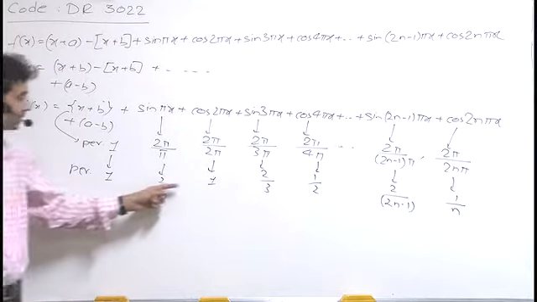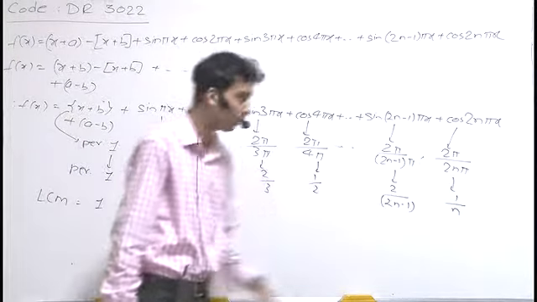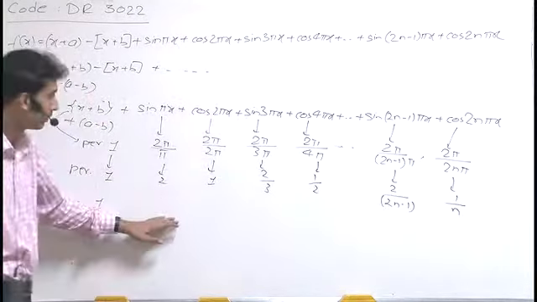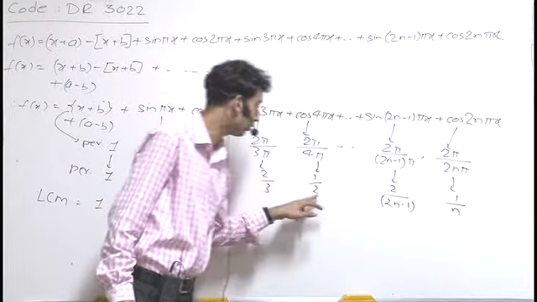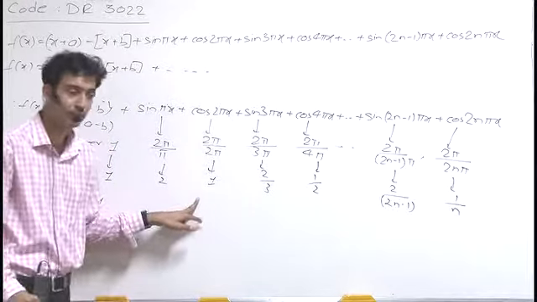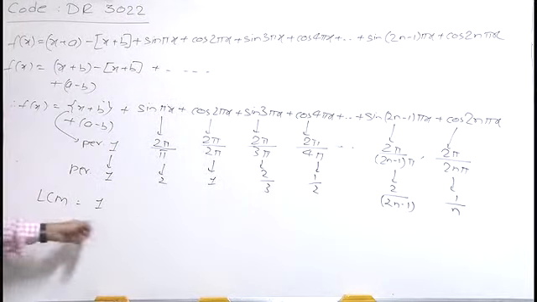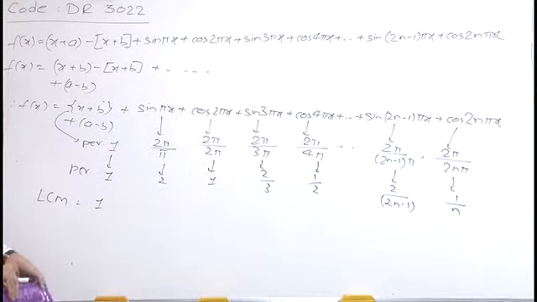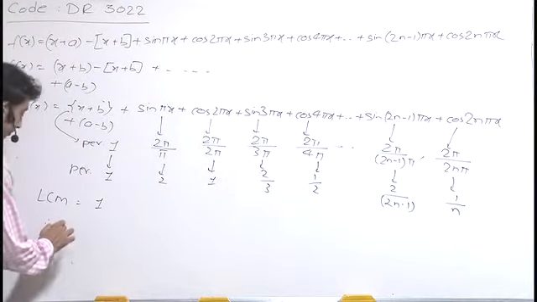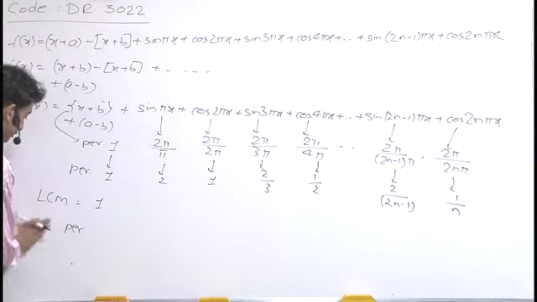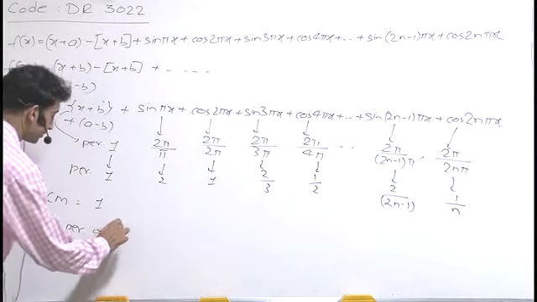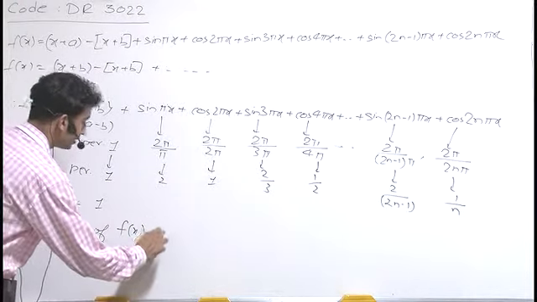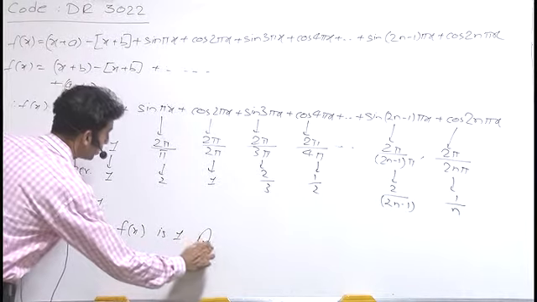When we take the LCM of numerators, we will get 1, and when we find the HCF of denominators, all of these terms have HCF equal to 1. So the LCM of all the periods is equal to 1. Therefore the required period of f(x) is 1, and that's the required answer.